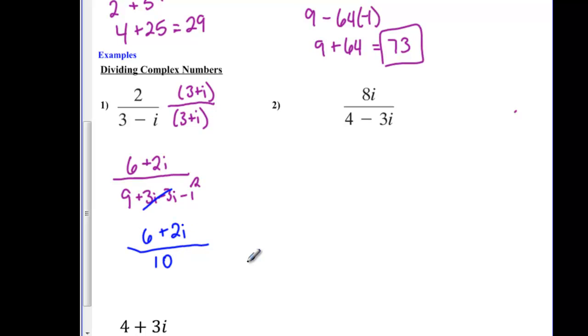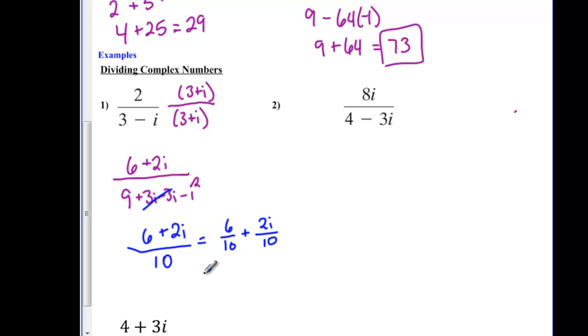All right, and then one more step and we'll call it good. Well, I lied. Two more steps and we'll call it good. The next step, we're going to split this apart. All I'm doing is putting the denominator underneath both parts of the numerator. So we've got 6/10 plus 2i over 10.